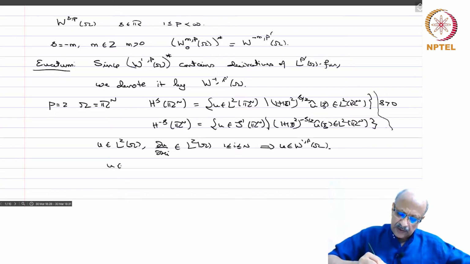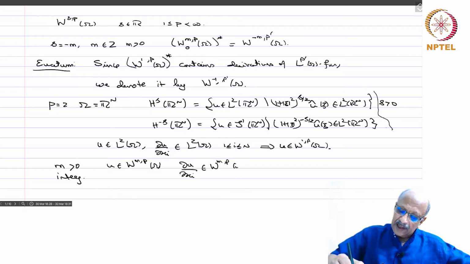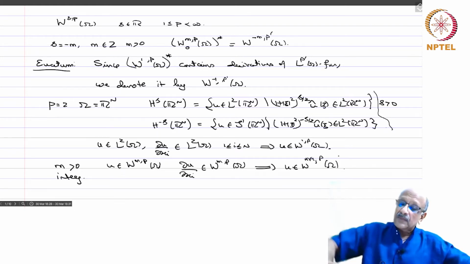Similarly, if u is in W^{m,p}(Ω), m a positive integer, and ∂u/∂x_i are also in W^{m,p}(Ω), again by definition this implies that u is in W^{m+1,p}(Ω). So this just comes by definition.